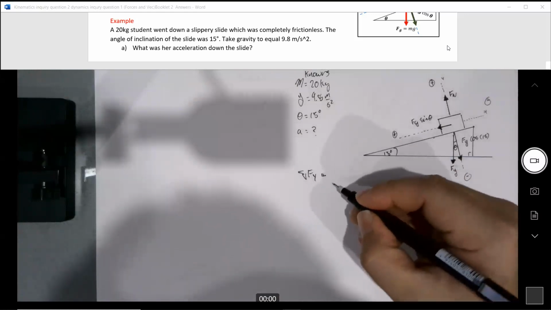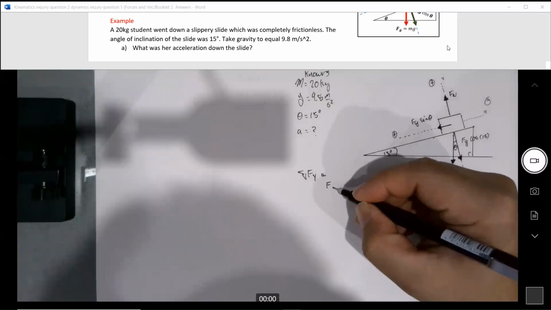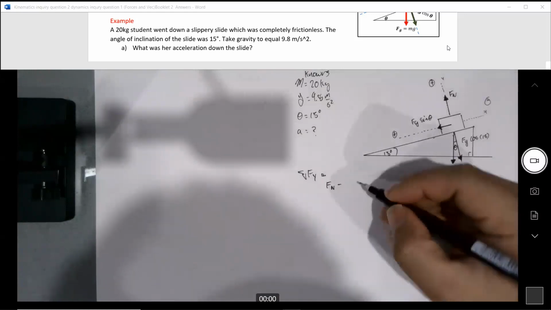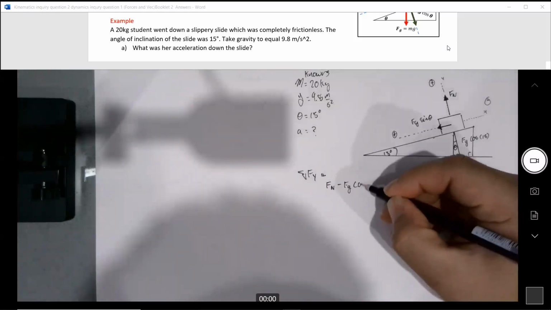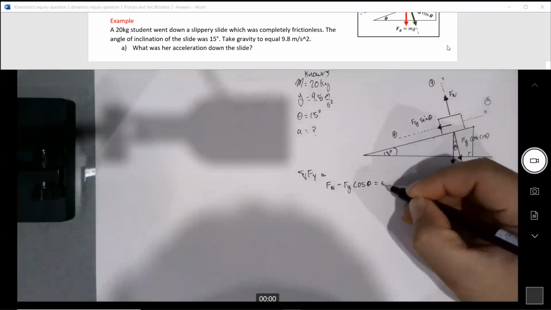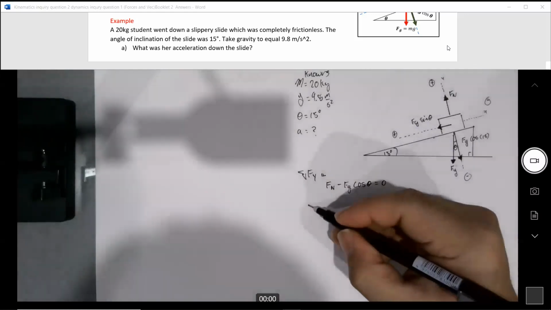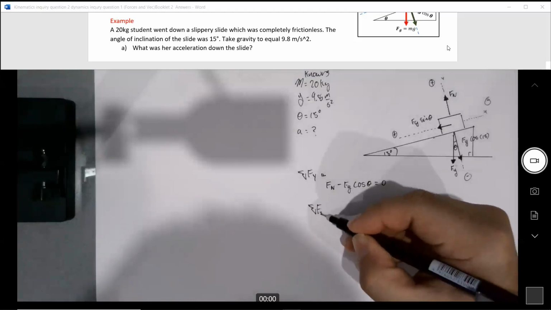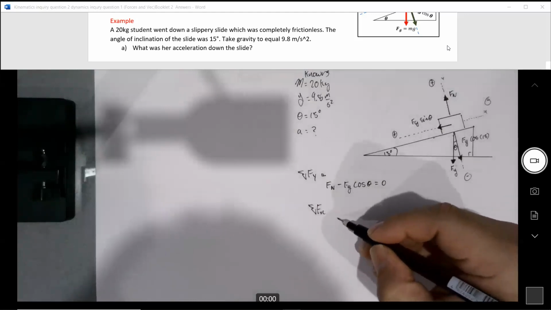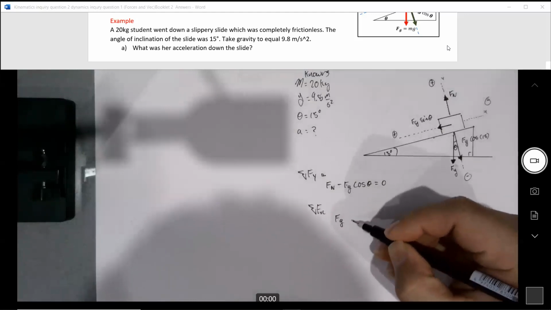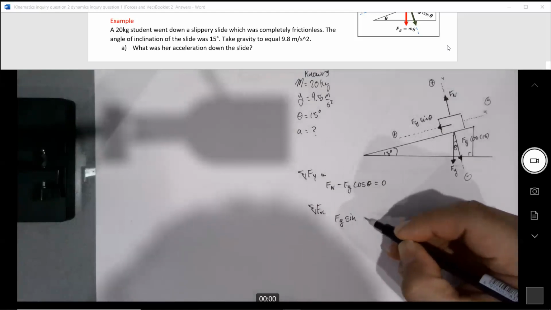We're going to say that Fn minus Fg cos theta is going to equal 0. And for the forces in the x direction, all we have is Fg sine theta.